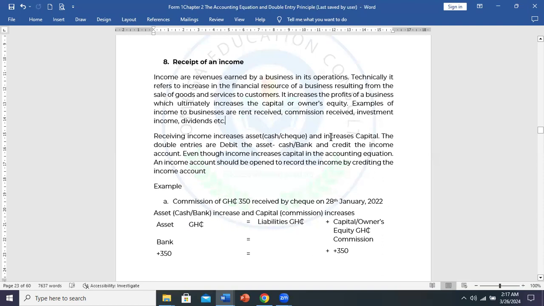Or better still, because the income will increase capital, and when capital increases, we credit it. But here we credit in the name of the income. Okay, so that is for receipt of income. Please, if you have questions, draw my attention.